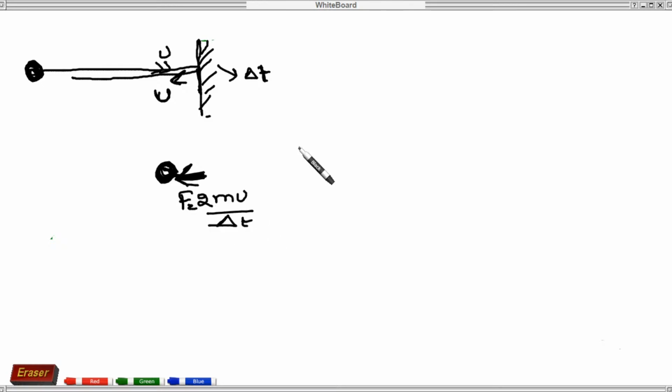And what about the wall? That will experience the force in this direction, 2 mu over delta t.